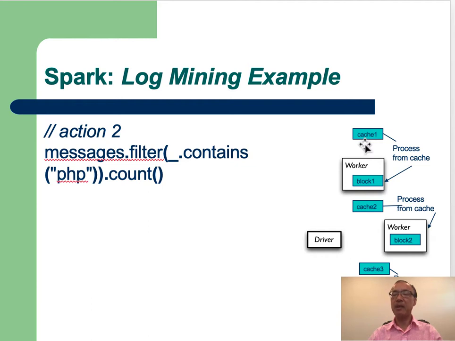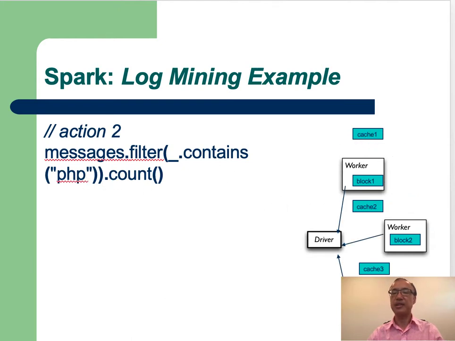But this time, because we have cached the messages already, we do not need to go back and read all these previous RDDs and process them to get the errors RDD and the messages RDD. So we can directly return the result, just counting how many PHP lines there are.